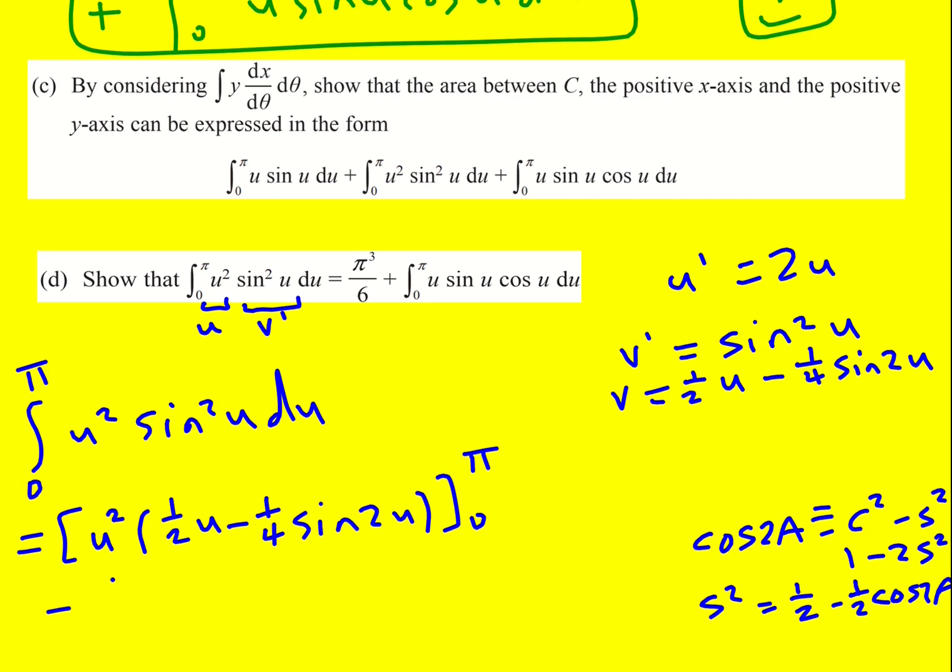Then I'm going to be minusing the integral from 0 to pi of u dash, which is 2u, then times in by v, a half u minus a quarter sine 2u.